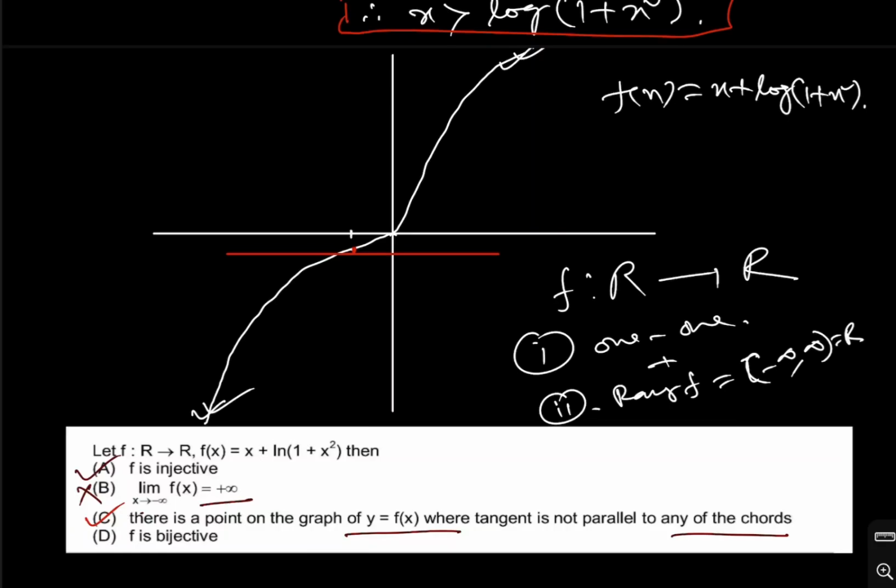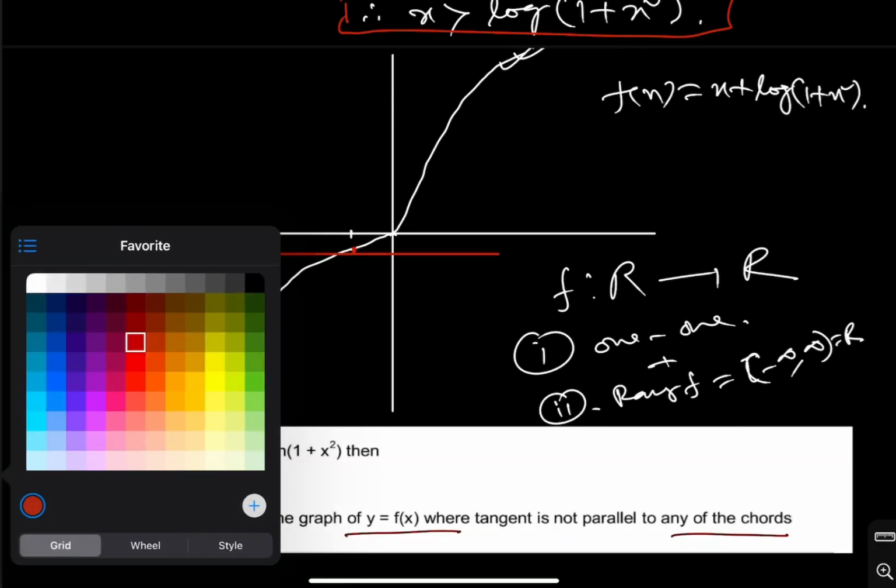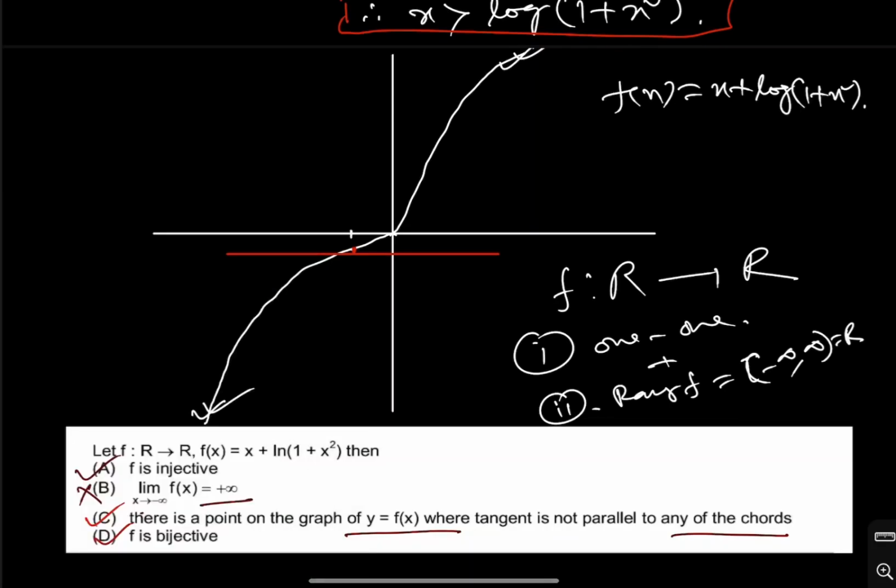So combining these two points, we can say that f is bijective also. So the correct options are A, C, D.